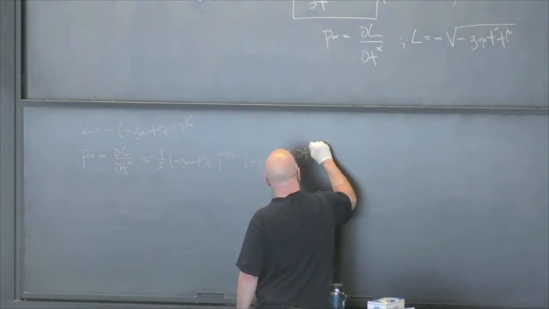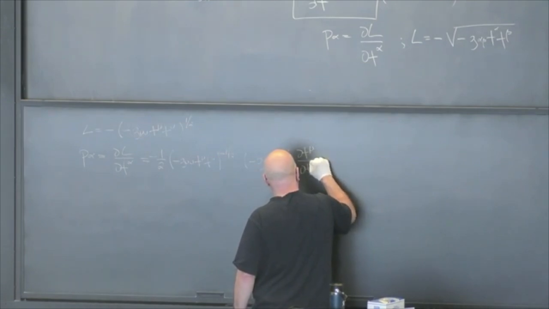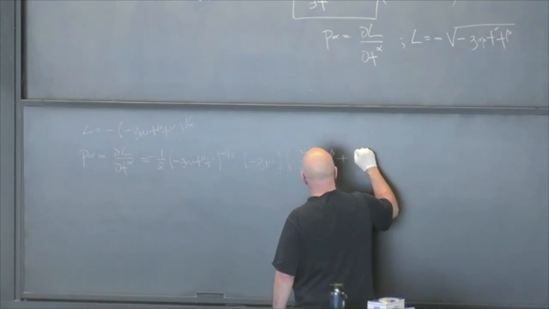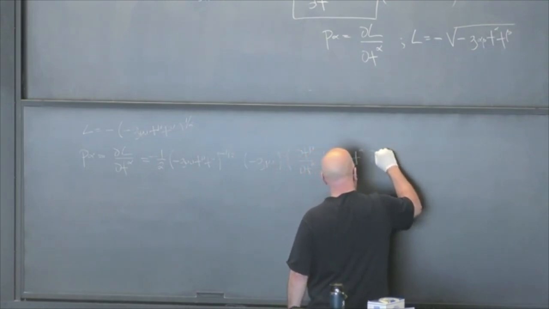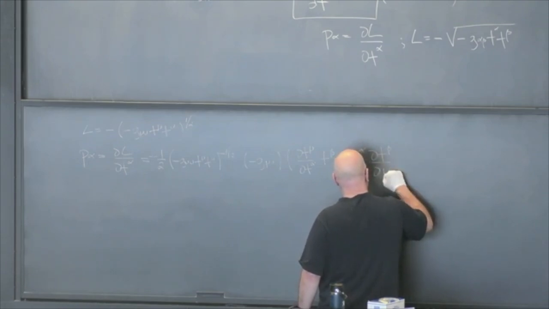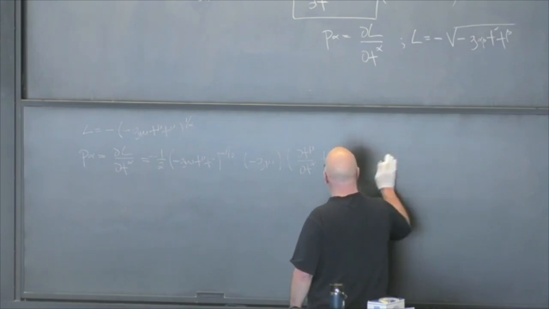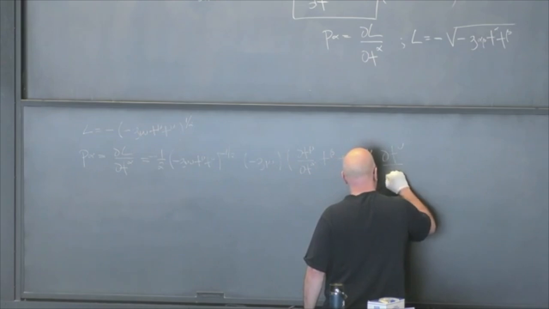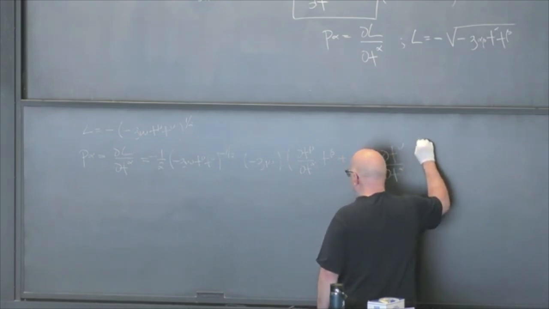I'll just carry out the steps here very slowly to make sure I don't lose anybody along the way. Sorry, I'm getting lost with my indices. So this is T mu, dT mu, dT alpha.